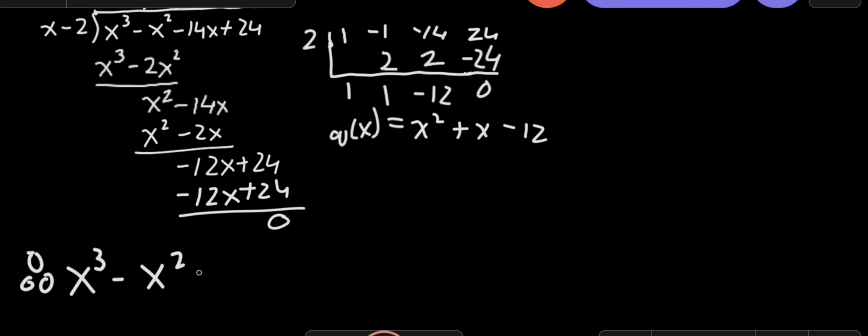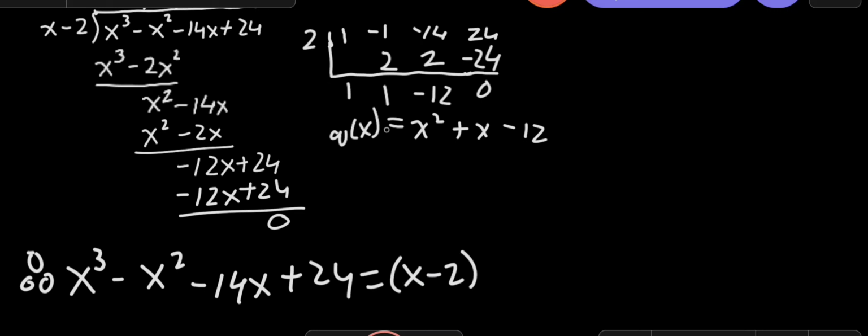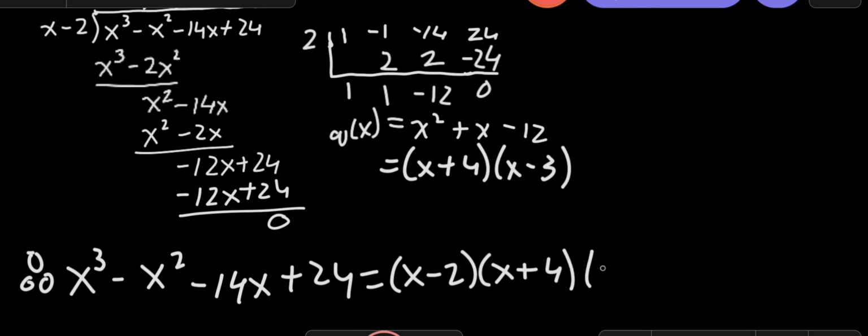So x cubed minus x squared minus 14x plus 24 equals x minus 2 times, and remember, this factors into x plus 4, x minus 3. So that's what we write here. Therefore, we have three distinct real roots, and they were all rational roots, which are 2, negative 4, and 3.